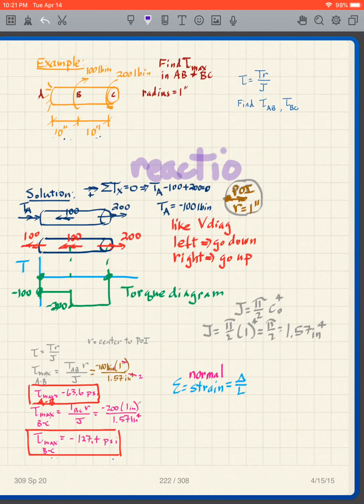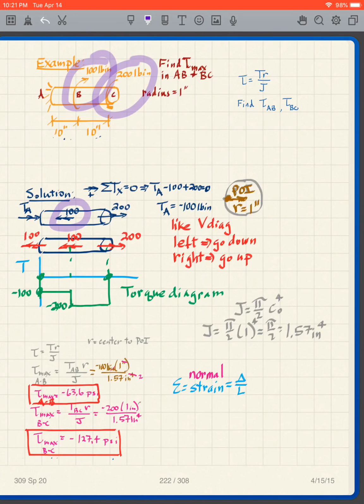In this case, we just have one reaction with the mount at the wall. Now, what we're going to do is use the right-hand rule. This 100, if I curl it, is 100 going to the left. This 200, if I use my right-hand rule, is 200 going to the right.